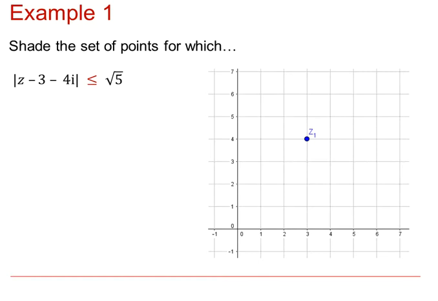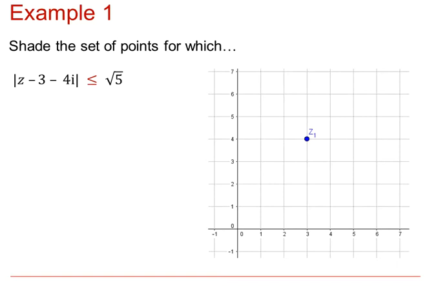In previous sections we looked at the modulus of z minus 3 minus 4i equal to a constant number, for example root 5, and that led to a circle. We are still going to get a circle, but we will be shading all of that region rather than just looking at the set of points around the circumference.